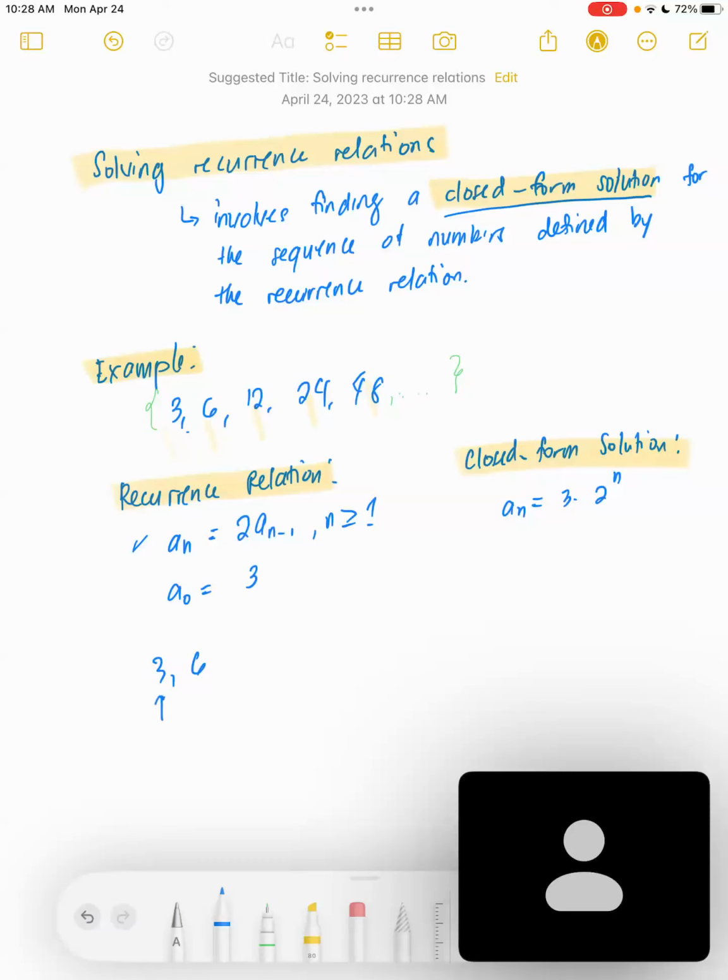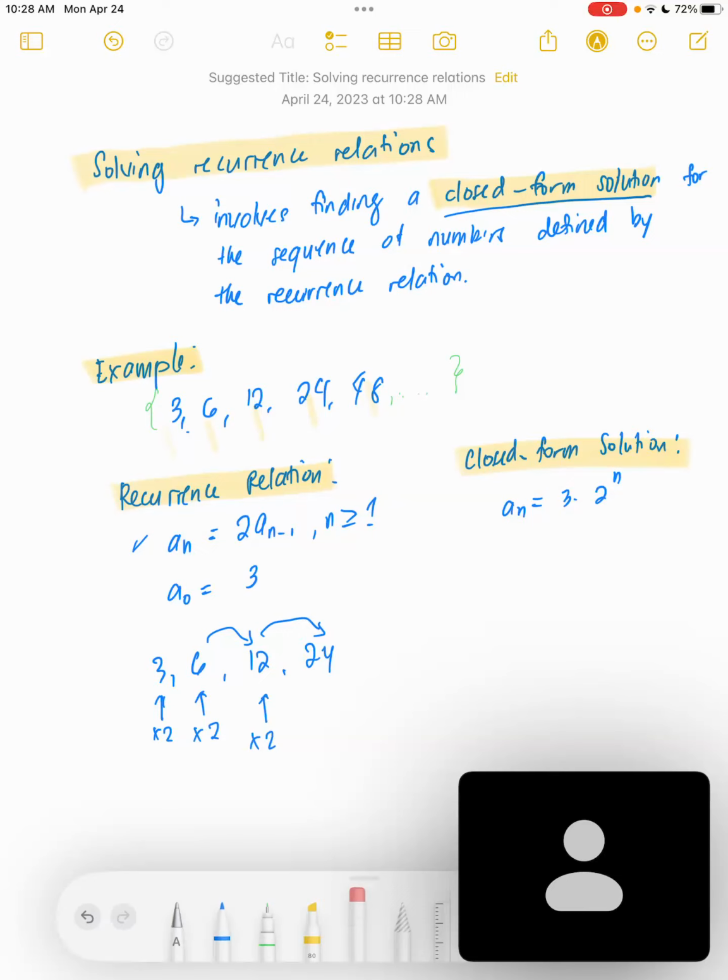So we simply have to multiply 2 to this number 3 in order for us to obtain the 6. And in order for us to get the 12, we simply have to multiply the 6 by 2, and so we can obtain 12. And then obtaining 24, we simply have to multiply the 12 by 2 also.